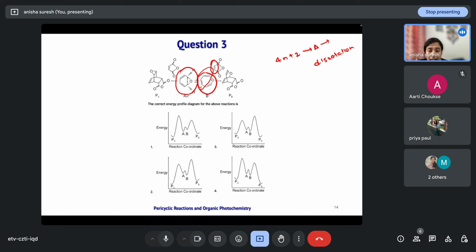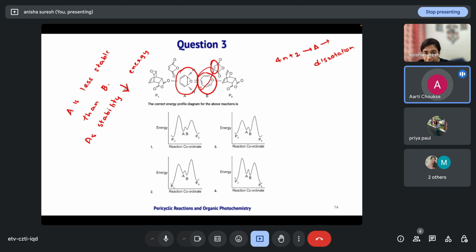So when we are talking about A and B, A is less stable than B. So as stability decreases, what will happen to energy?